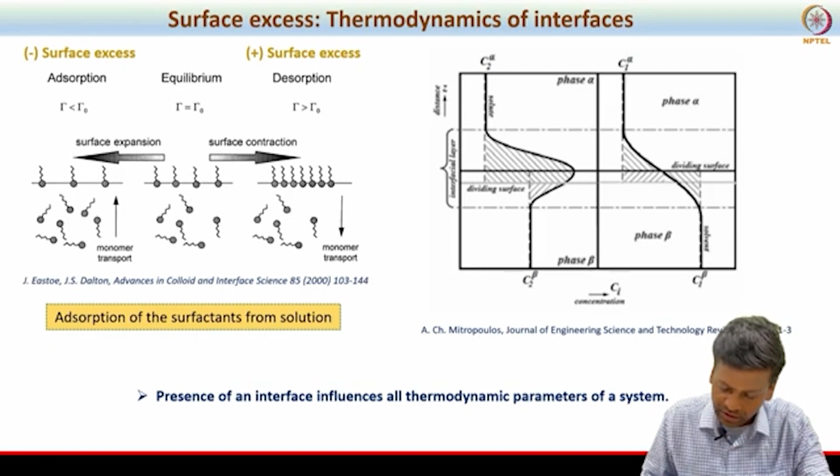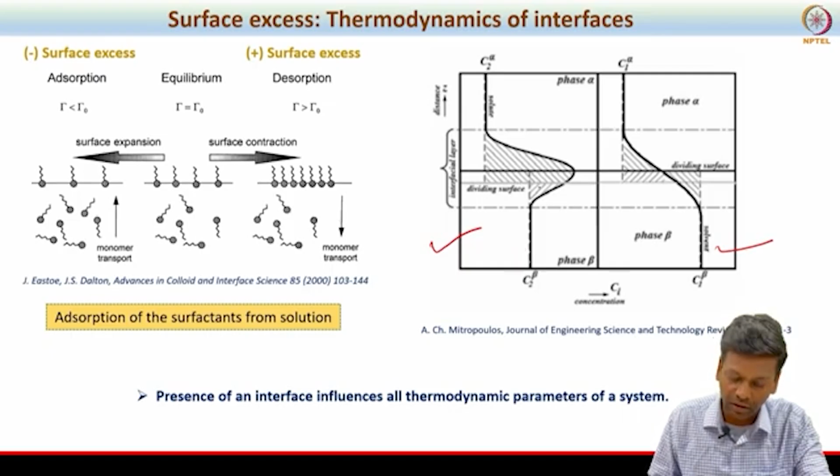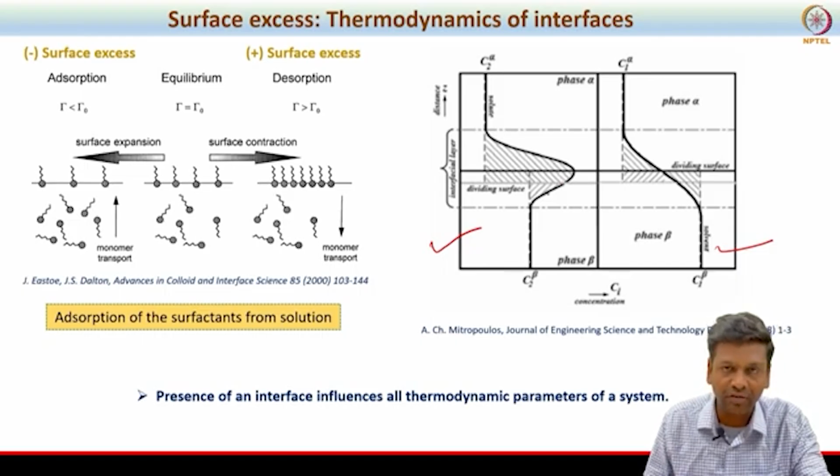So you can see the profile of the surface excess for solvent. This is for the solvent molecule. This is for the solute molecule. For the solute molecule, because the surfactant has an adsorbing tendency, it is not always possible to expect a symmetrical distribution or symmetrical profile.